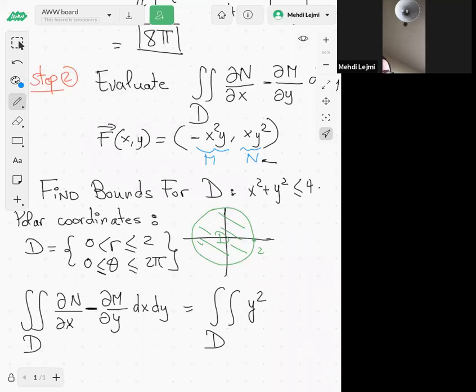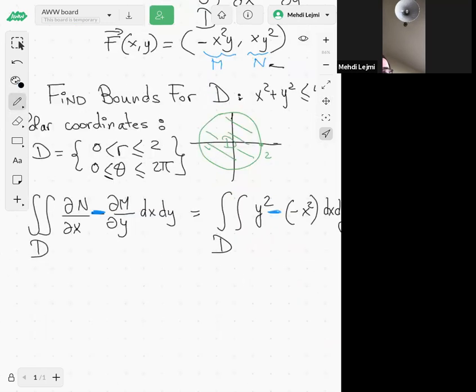Now the partial of M with respect to y will be minus x squared, so minus x squared here, dx dy. In other words, this is just the double integral over D of y squared plus x squared dx dy.